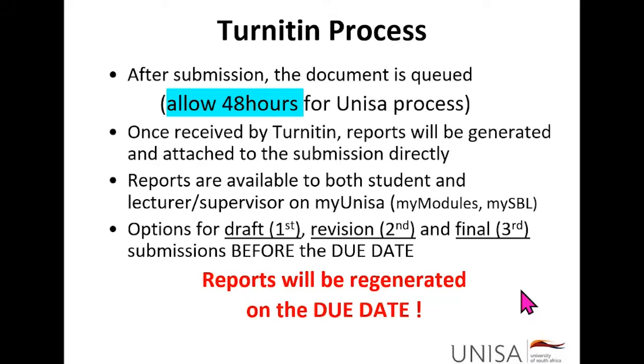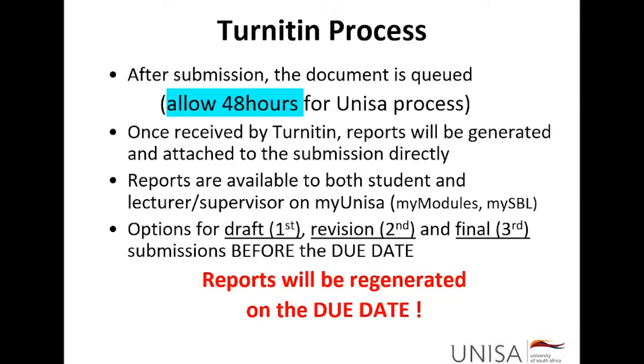For this process to take place, you need to allow 48 hours for the whole UNISA process. This means you have to allow a window of 48 hours to get your Turnitin report.